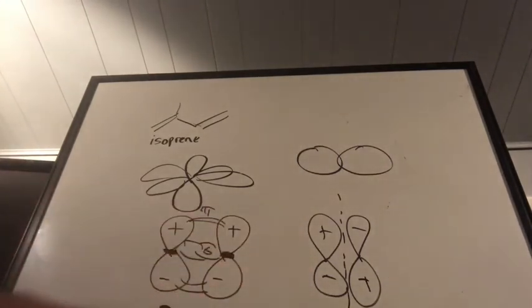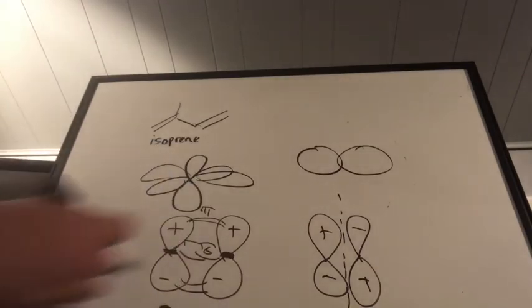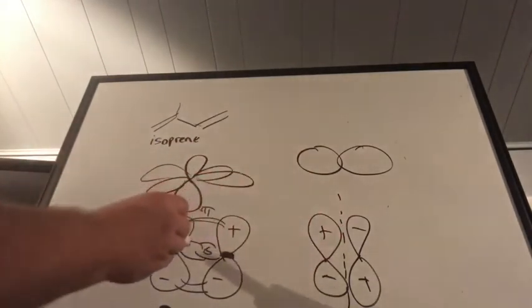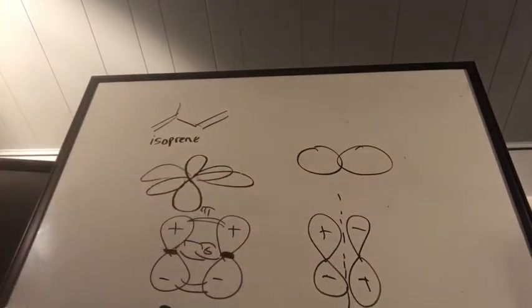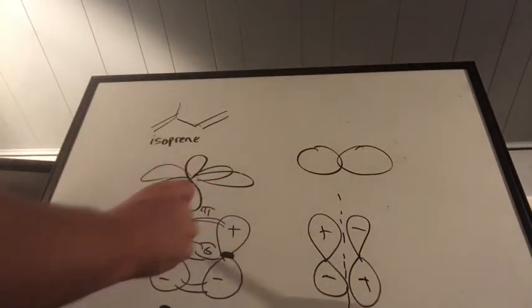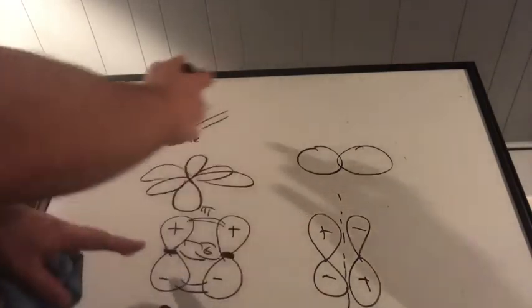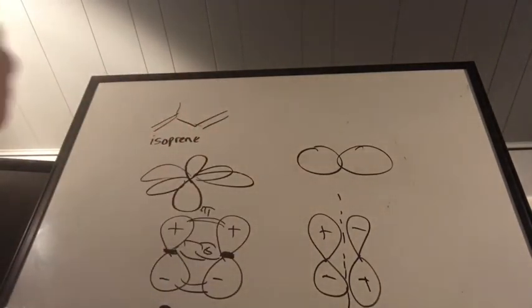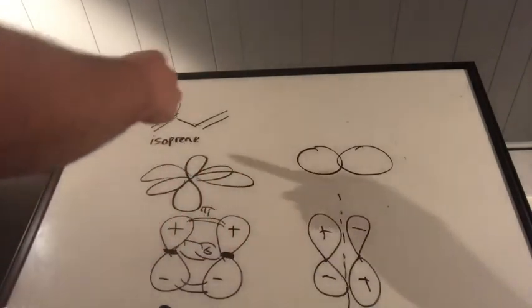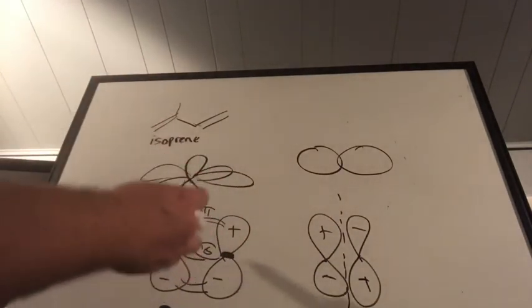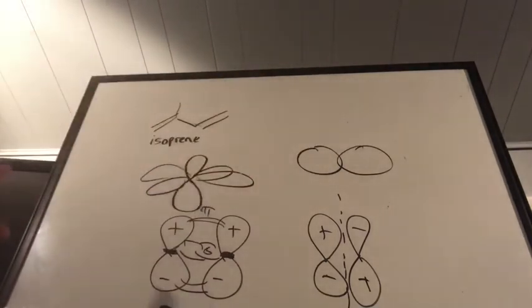So if we're thinking about bond energy, this is going to be much higher in energy, and this is going to be anti-bonding, and this is going to be bonding. Okay, so this is lower energy, this is going to be higher energy. If we were to put them up in comparison in terms of low energy, higher energy, this is going to be lower because things are going to be more stable.